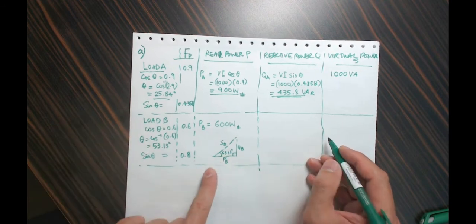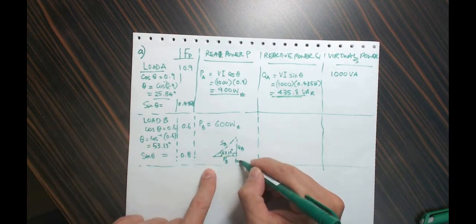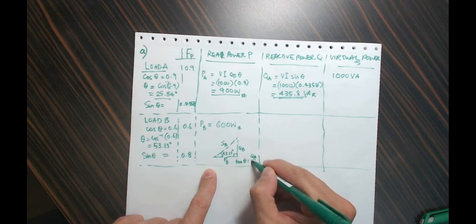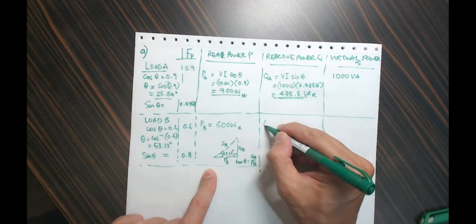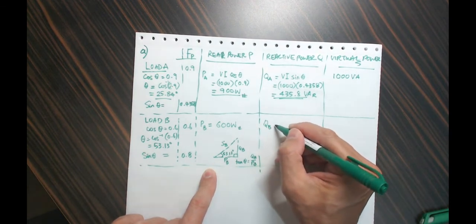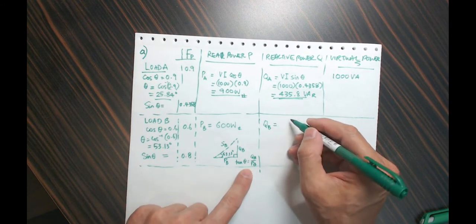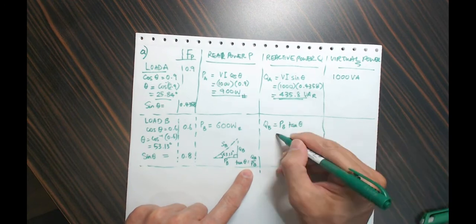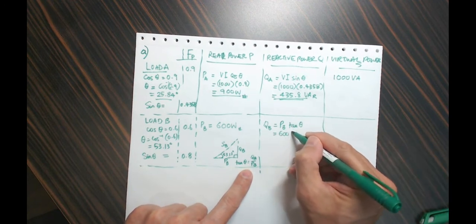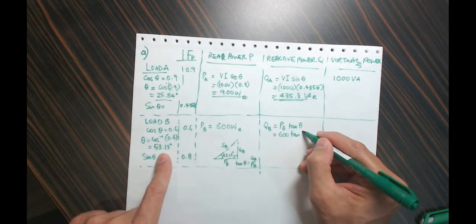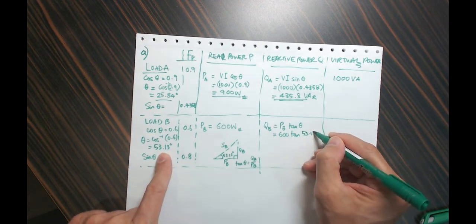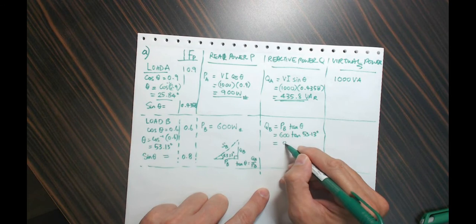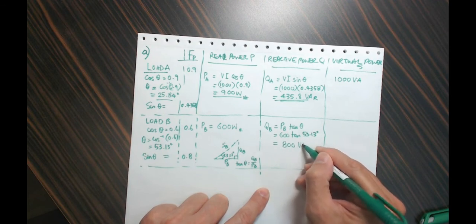If I use Pythagoras theorem or the tangent of the angle, tangent is QB over PB. So I can calculate QB, the reactive power of load B, as PB multiplied by the tangent of the angle. That gives me 600 tan 53.13 degrees, which is 800 VAR.